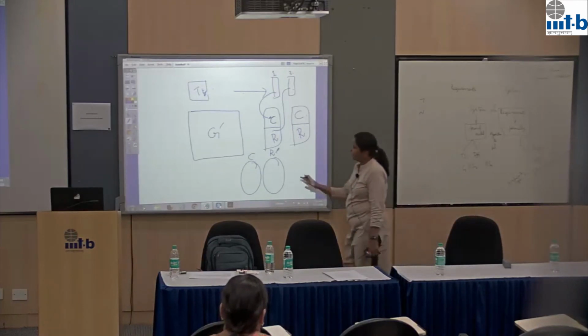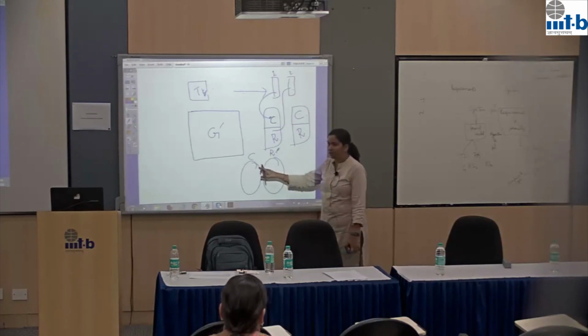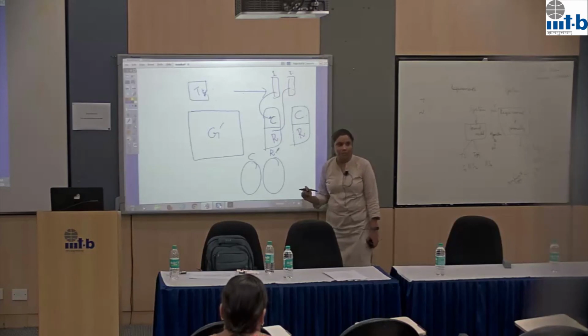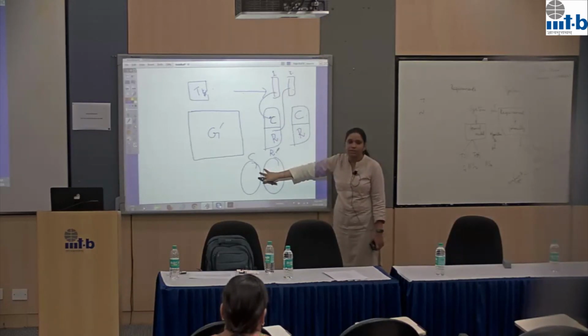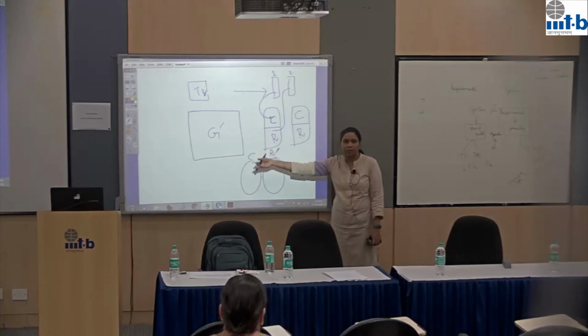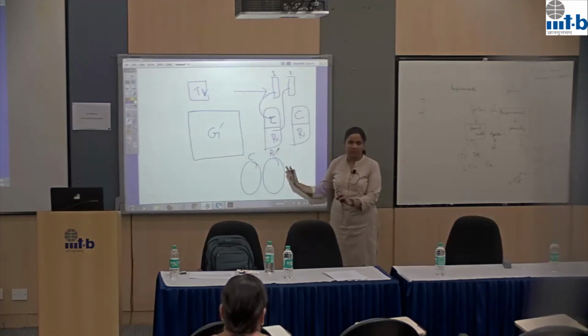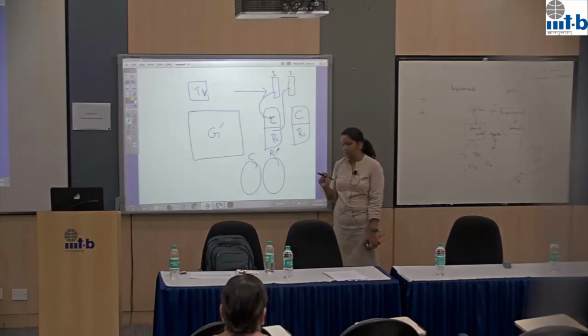So we have vertices like this and edges going over them. We want to find a subset of these vertices such that the ones that need to be recolored or deleted are recolored or deleted, and the ones that need to retain their color are retaining their color or deleted. So we have to choose the deletions like that.